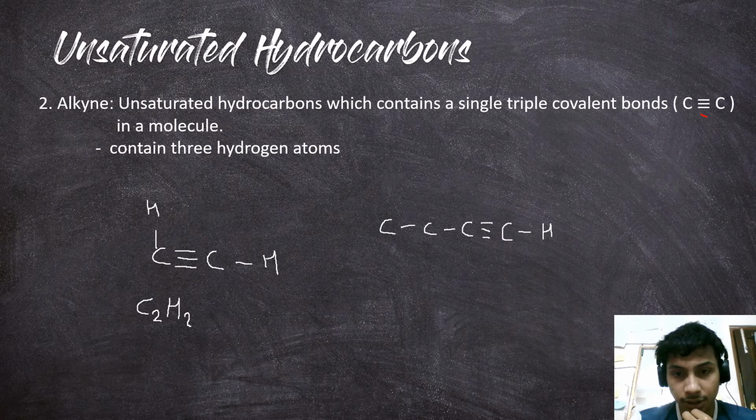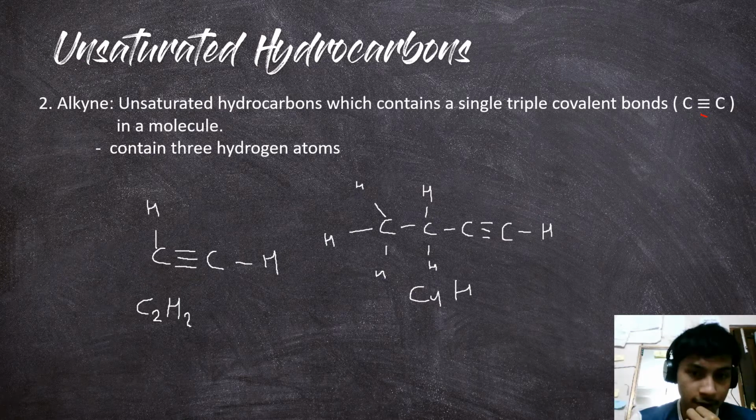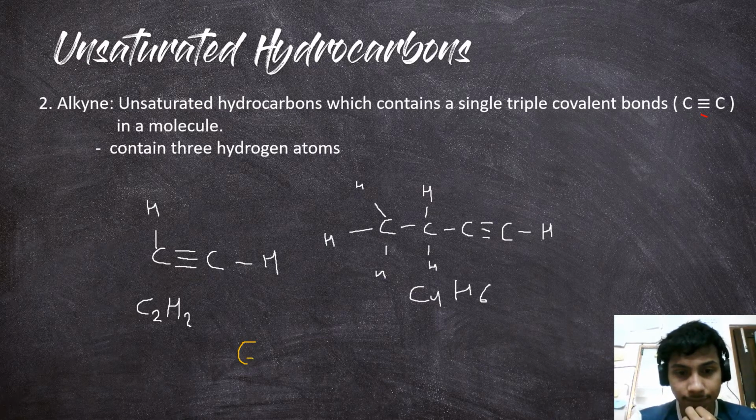Here you need two hydrogen, and here you need three hydrogen. So how many carbon are here? Four carbon, and how many hydrogen? One, two, three, four, five, six hydrogen. So six hydrogen. Here it also has a general formula like we did previously.